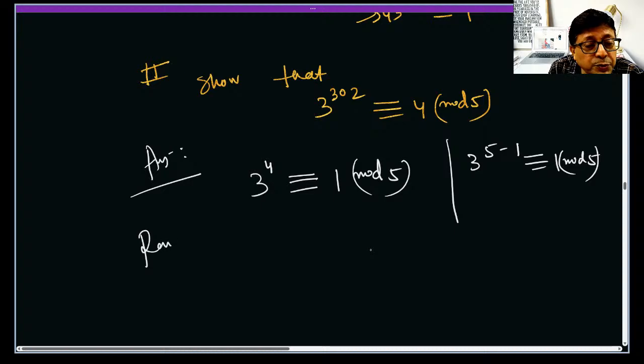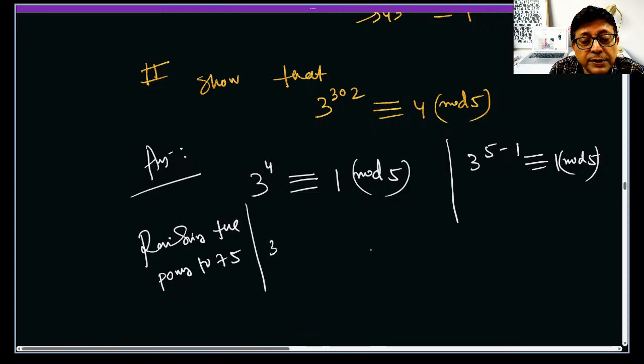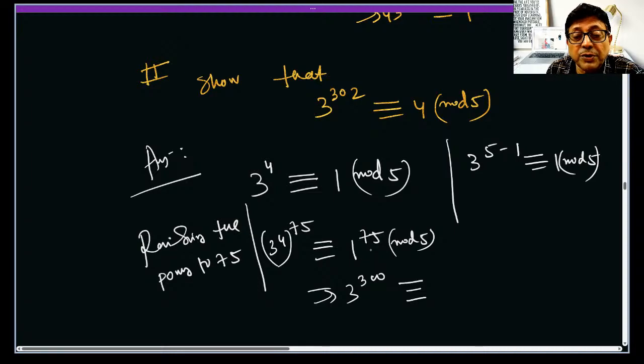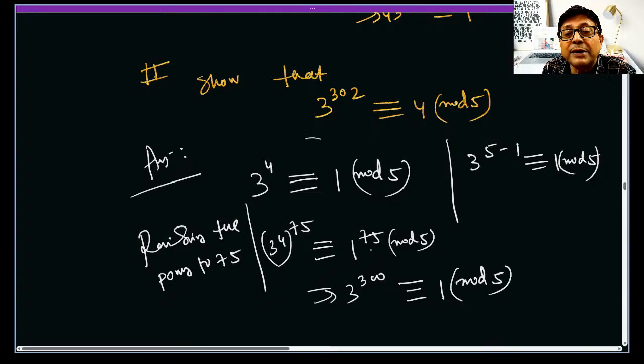So raising the power to 75: 3 to the power 4 to the power 75 is congruent with 1 to the power 75 mod 5. So this implies 3 to the power 300 is congruent with 1 to the power 75, 1 only, 1 mod 5. Is that clear? But you haven't reached that.